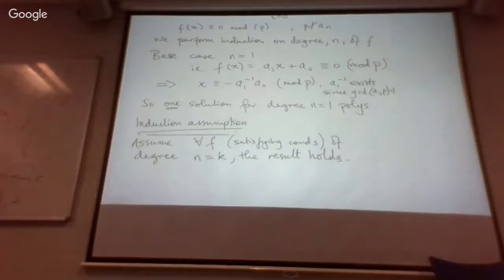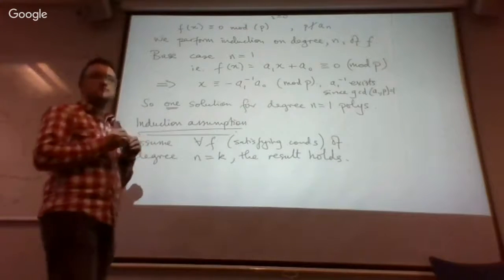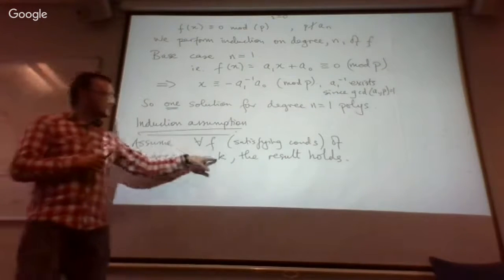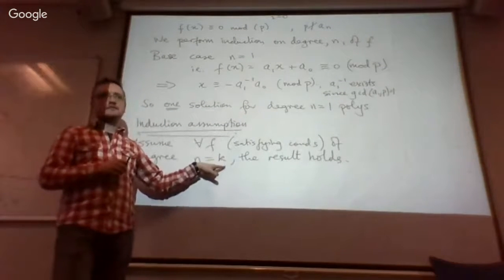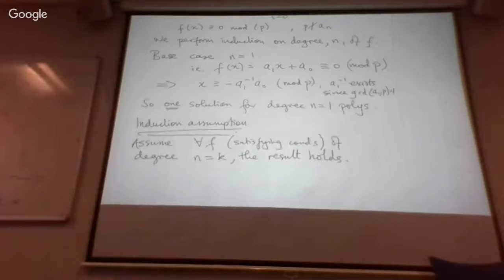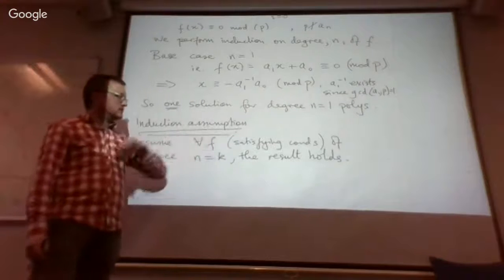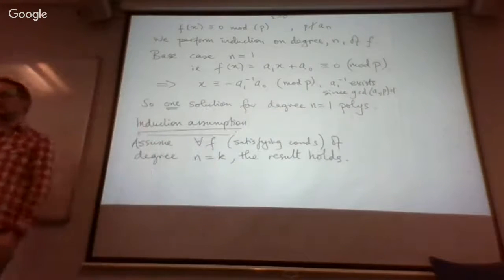So every polynomial of degree k, we're assuming it has at most k solutions. So that assumption is fixed in our minds, and then from that we want to deduce the statement for the next value of k. Okay. So we need to prove that it's true now for all polynomials satisfying the conditions of degree k plus 1.